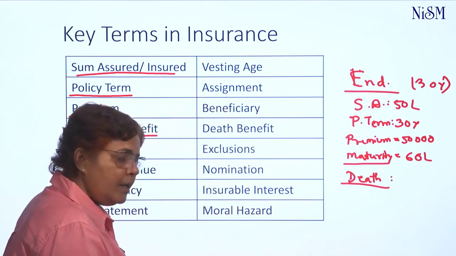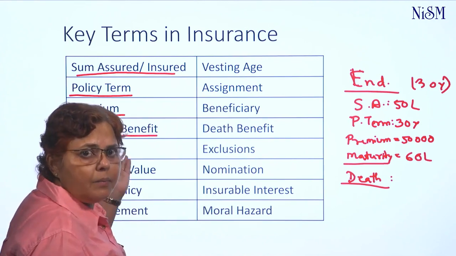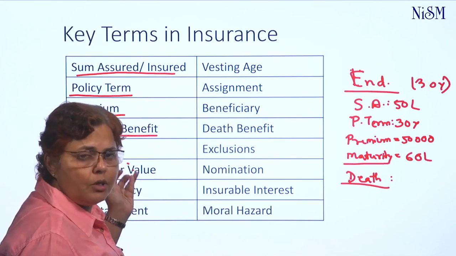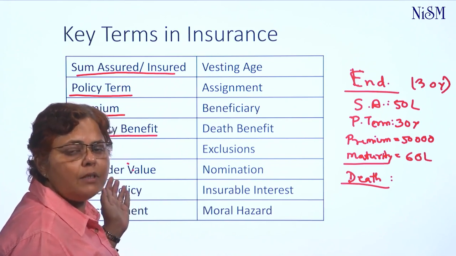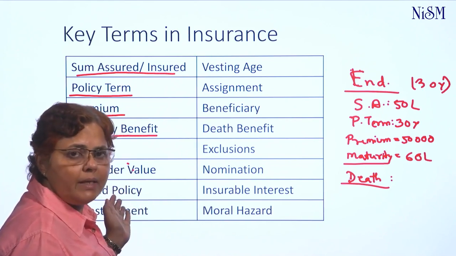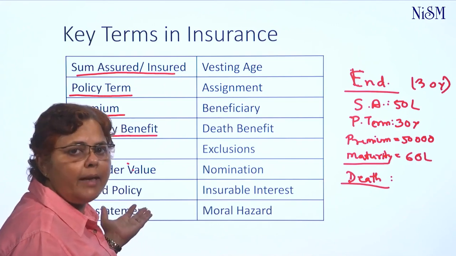So what is a claim? A claim is something which is raised by the person who has insured or by his family. In life insurance it will be done by his family, and if it is a health insurance, once that person recovers, he himself can claim for the money.